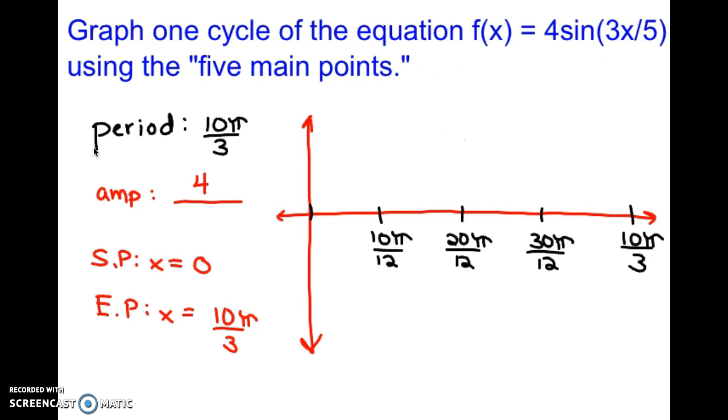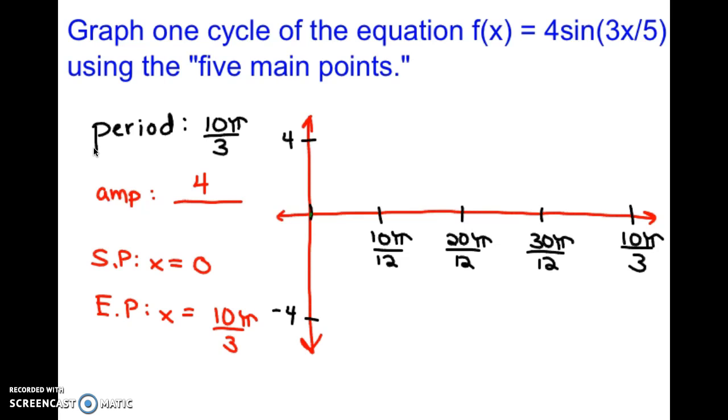I know my amplitude in this case is 4. So I'm going to go all the way up to 4, all the way down to -4. Now we can go ahead and graph the equation. If you remember the pattern for sine for the 5 main points, sine starts in the middle with the first point, is high with the second point, middle with the third, low for the fourth, and middle for the fifth.